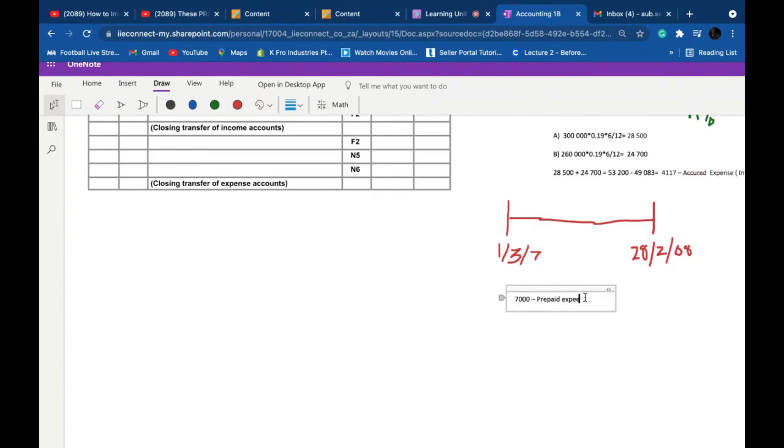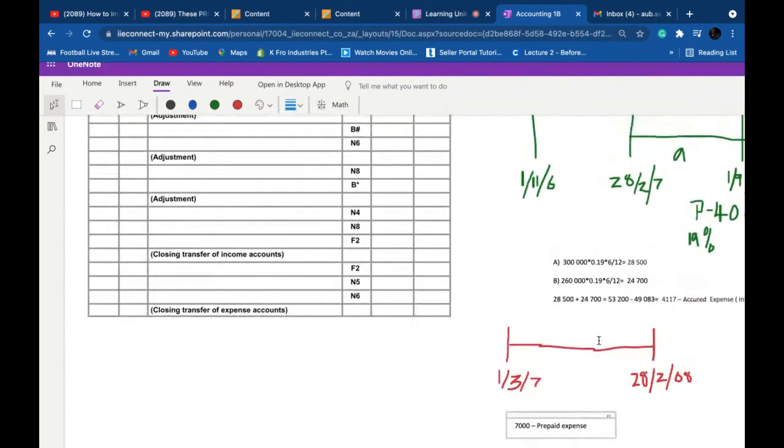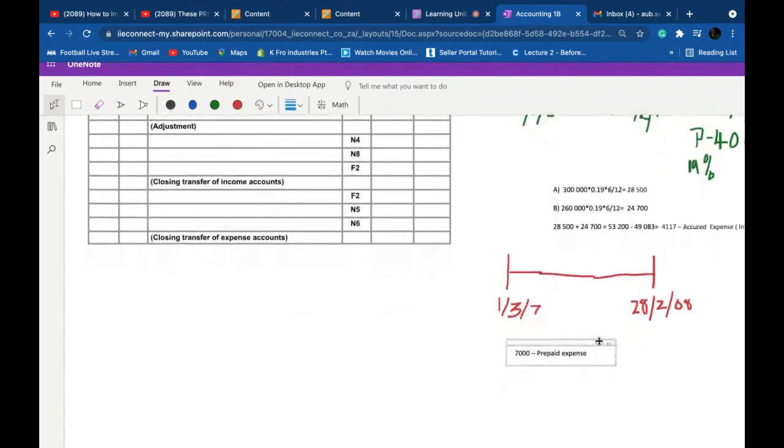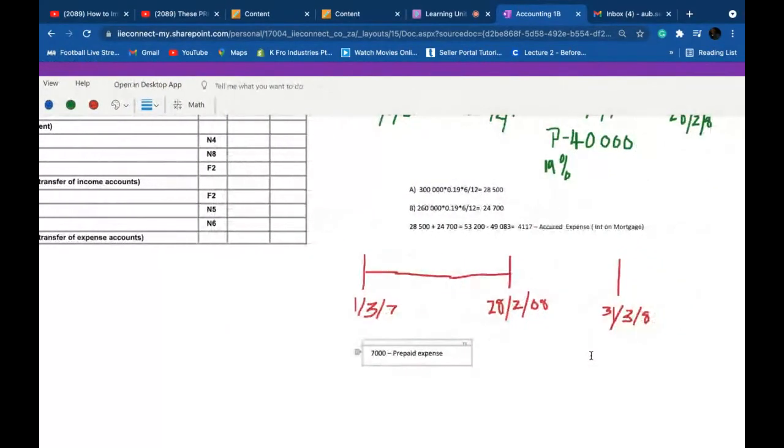So, with the 7,000, wouldn't you just divide it then? I don't know how you do it, but wouldn't you just divide it into the 2 periods because you've overpaid by 1 month? I'm assuming. Why would you divide? Just to get rid of the amount that isn't in the financial year we're looking at.